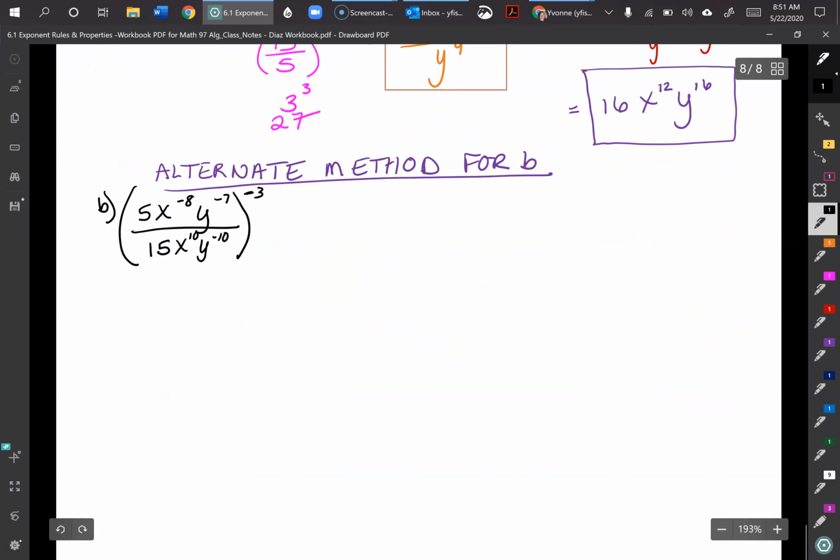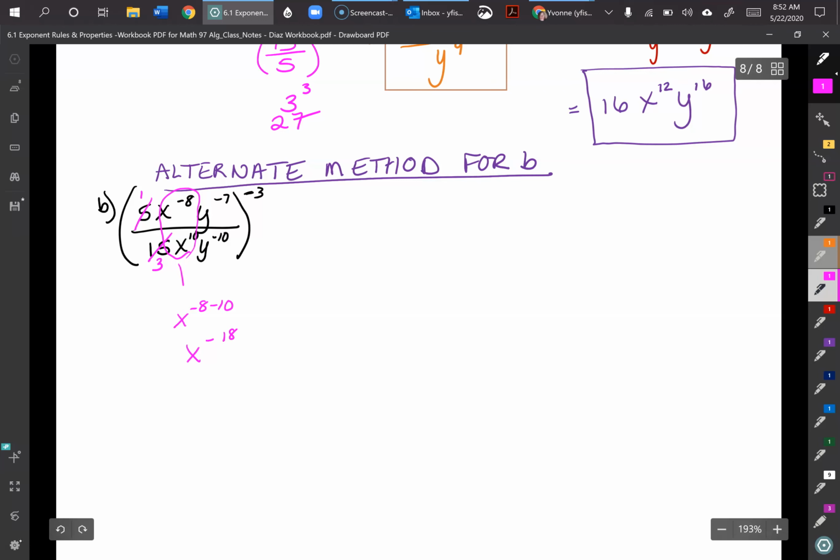So now I'm going to push this up. I'm going to simplify in the middle first. So I could do 5 over 15 is 1/3. I can also simplify this here to be x to the -8 minus 10, because remember it's subtracting, so it would be x to the -18 there.